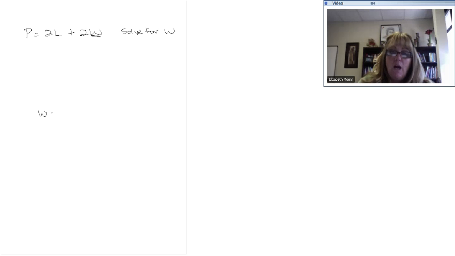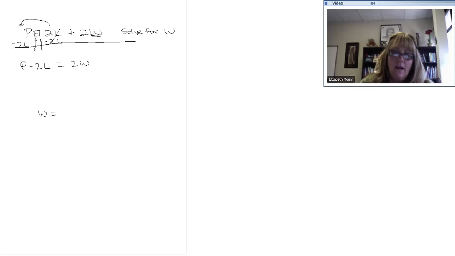Well, I got a 2 over here, but I also have something being added. So you got to do the adding and subtracting first. Meaning, I need to move this 2L over to the other side. Remember, the other side is where the equal sign is. So it's a positive 2L, so I'm going to subtract it, which gives me P minus 2L equals 2W.